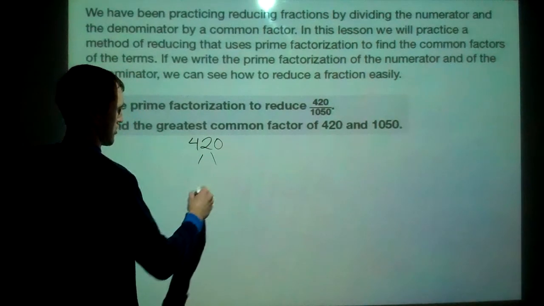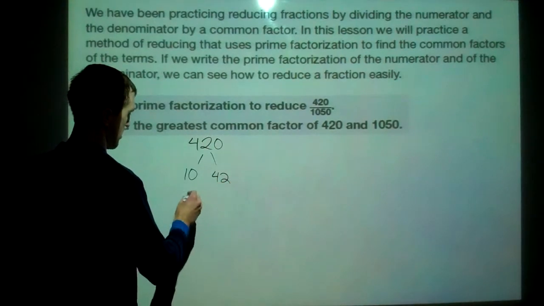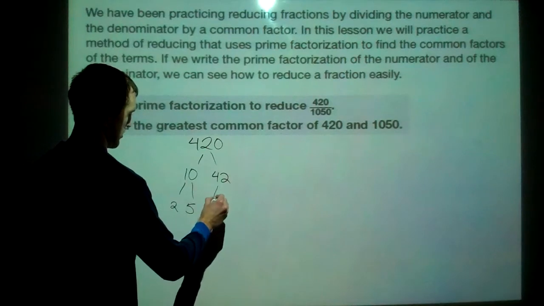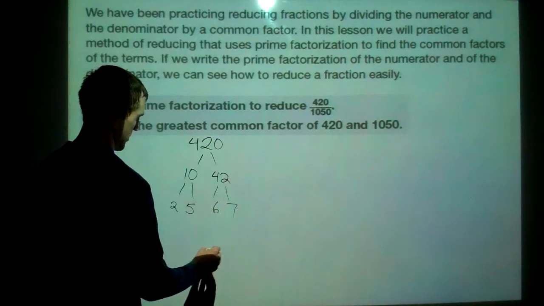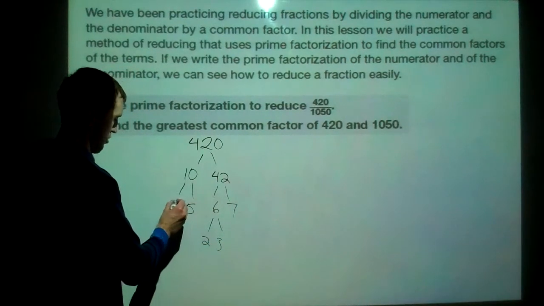So 420, I know that 10 times 42 equals that. 10 is 2 times 5. 42 is 6 times 7. And 6 is 2 times 3. So now we have all these primes.